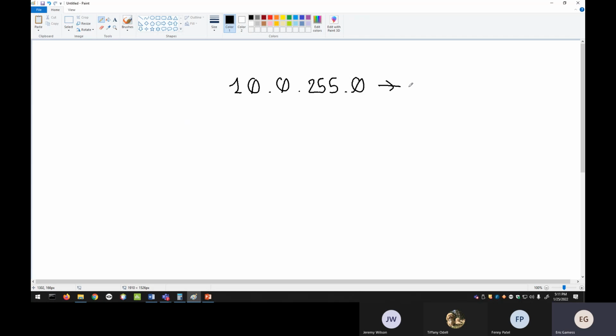What will be the one that follows? Of course, it will be 10.0.255.1. What will be the previous one, the one that is before this one? Very good, 10.0.254.255. Of course.